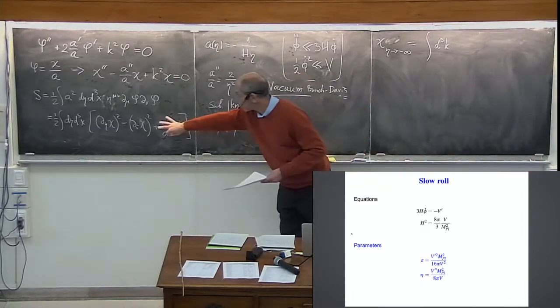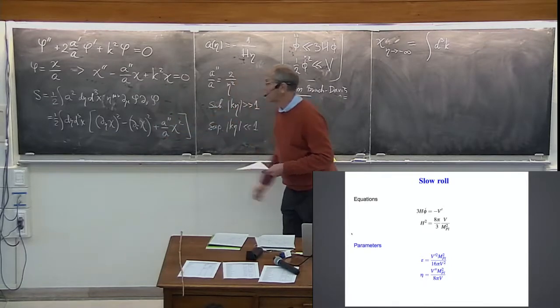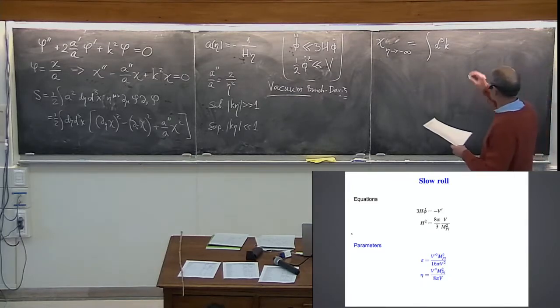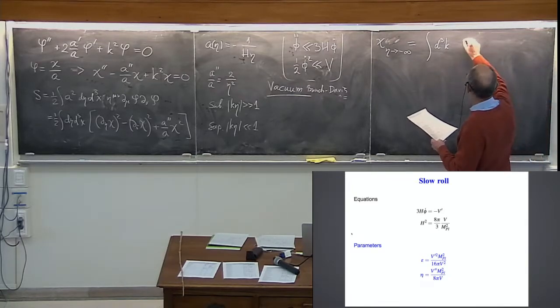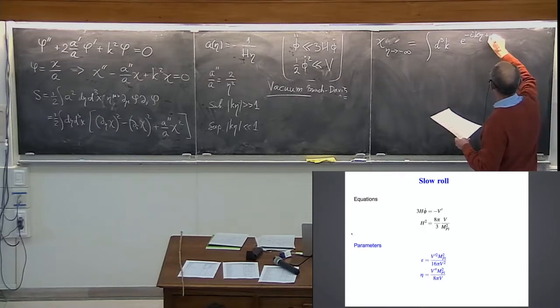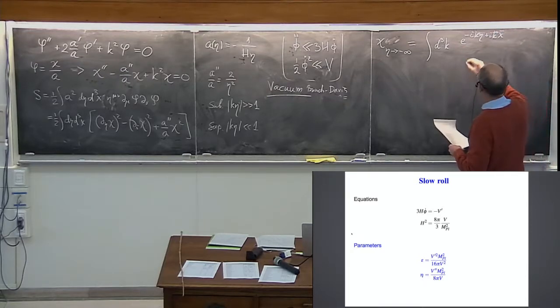Once you drop out this term here, it's just a Lagrangian or action for a free scalar field in Minkowski space. So you immediately write down that it's equal to minus ik eta, that's the time-dependent part, plus ikx, space-dependent part.